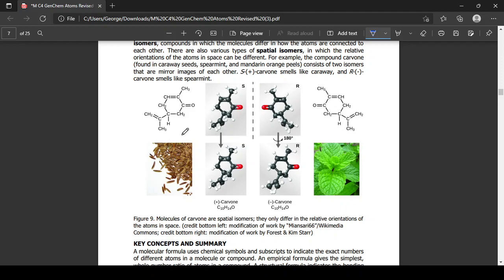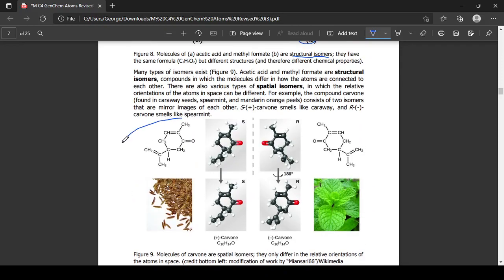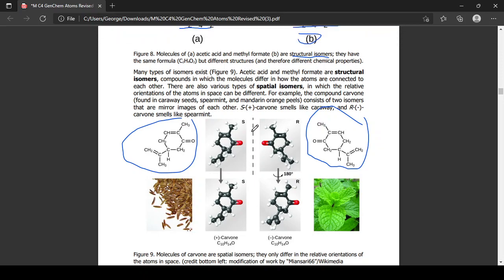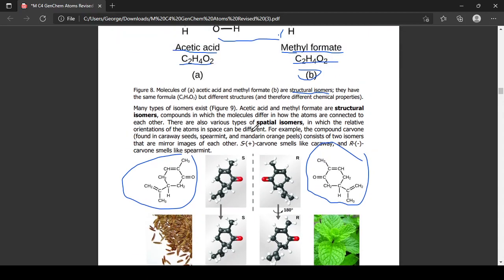Check it. Their structural formulas are just reversed. One is pointing up, kids, and one is pointing down, reversed. Look at their spatial isomers. Their space orientation is different. They are the same, kids, the arrangement is the same but reversed. One is pointing up and the other is pointing down.